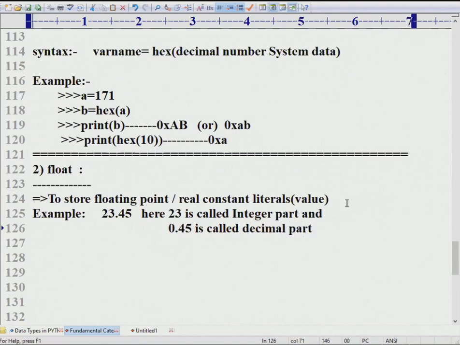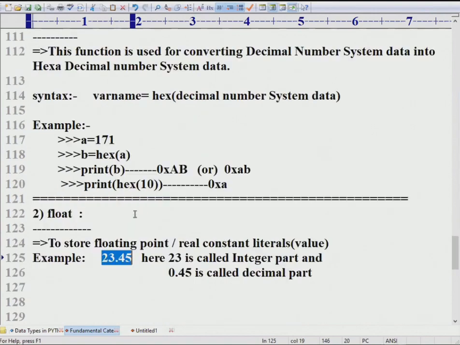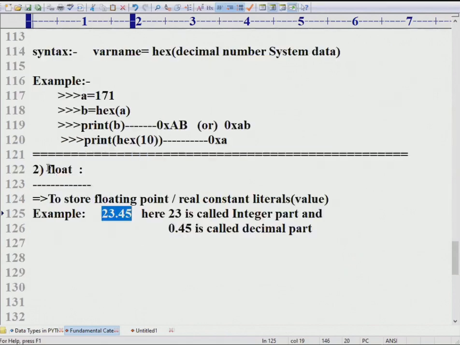Now, how do you store this type of data? We cannot store it using the int data type. We need a separate data type, which is called float. And as far as float is concerned, we don't have another data type like double as in other languages. Why?